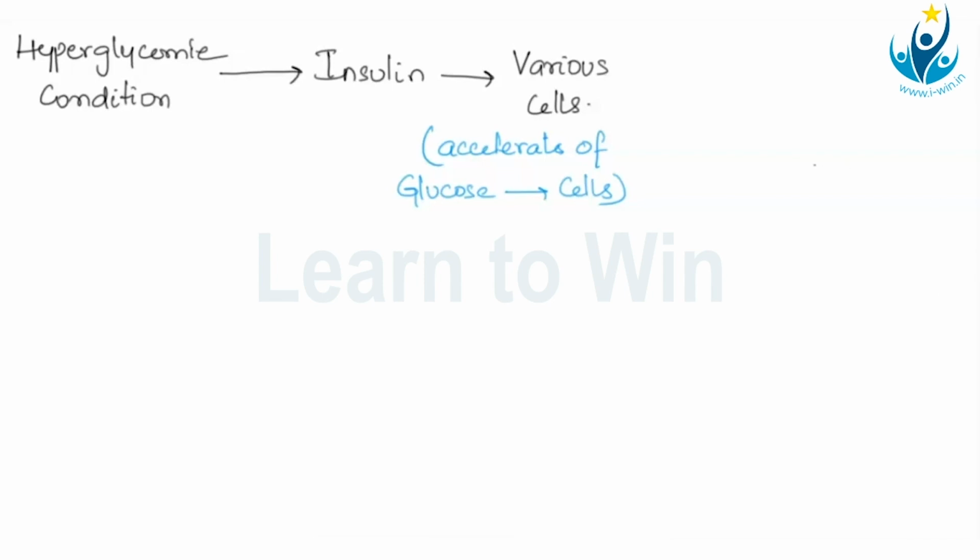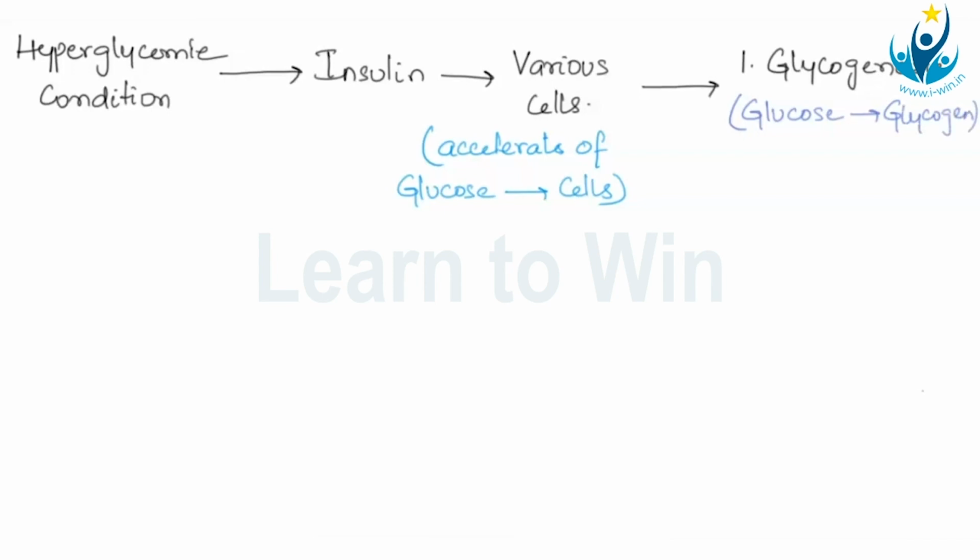Then insulin acts on the liver cells, the hepatocytes, and it starts processes. One is glycogenesis, which literally means conversion of glucose to glycogen.